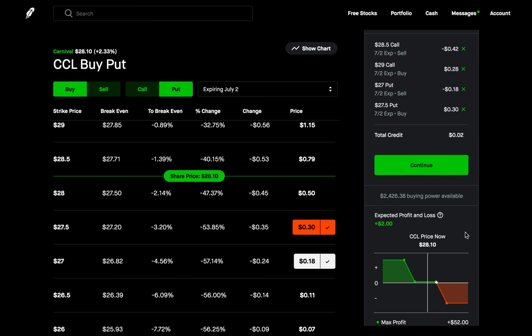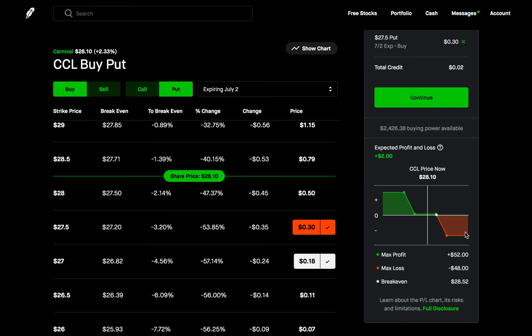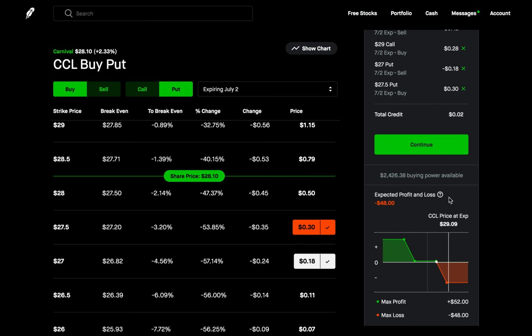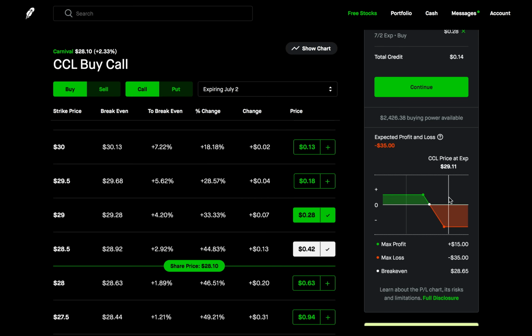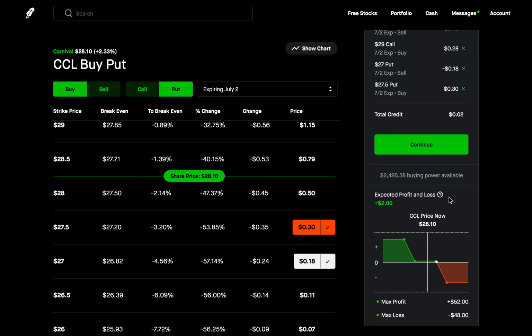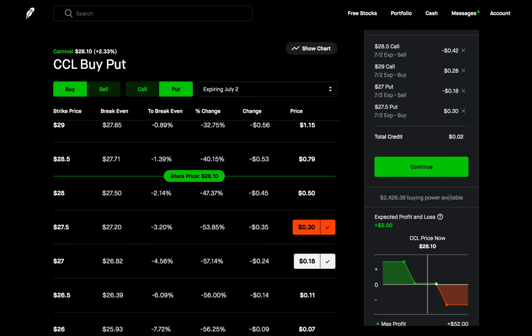And so let's quickly determine our max loss and max profit, because you can quickly calculate that without needing any special tools. Our max loss, you can figure that out. Again, that went from being $35 to only $48, so it barely went up. And the way to calculate that is you take the highest call strike, which is 29.